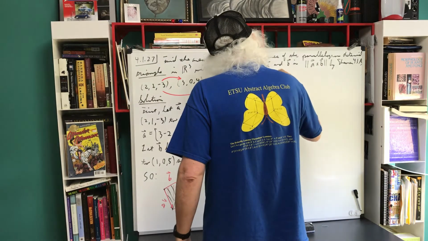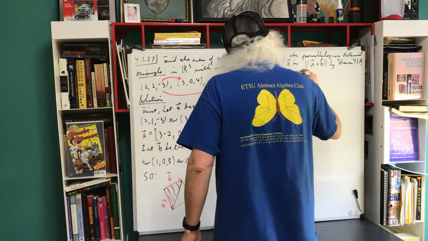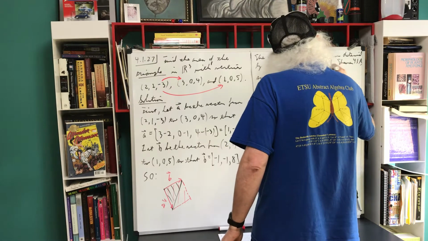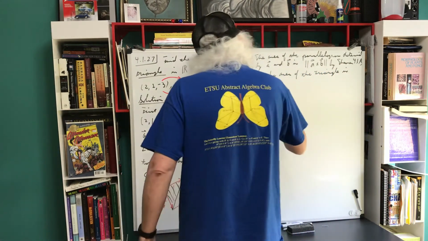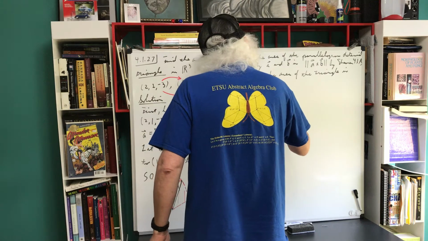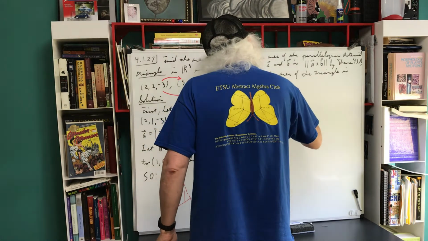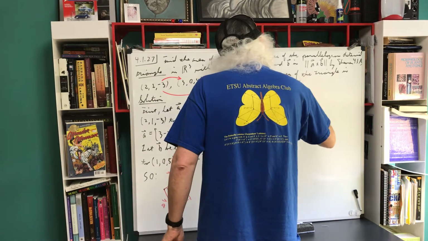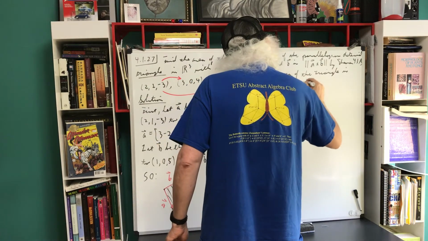So the area of the given triangle is half of that. It would be half of the norm of A cross B.